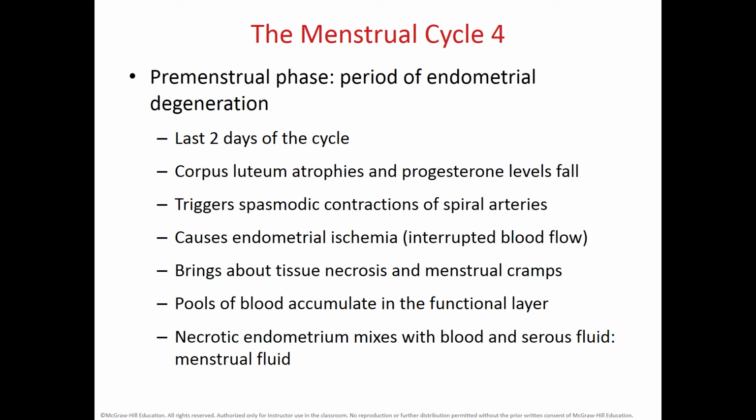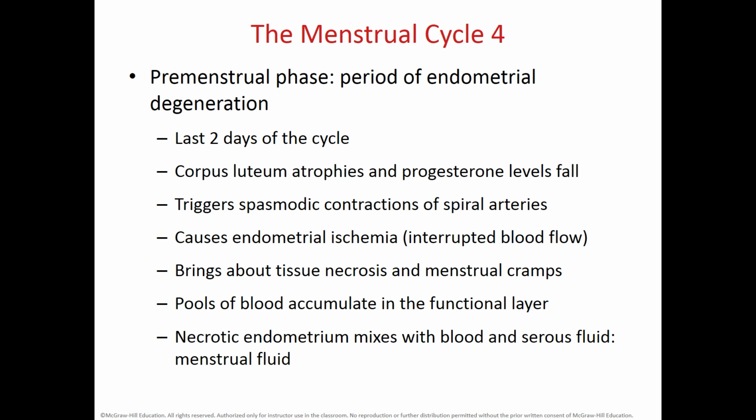The premenstrual phase is the period of endometrial degeneration. It will last 2 days of the cycle, and in this case your corpus luteum undergoes atrophy, so you're having low levels of progesterone. One of the things that triggers menses is the drop of progesterone, which was one of your key points.